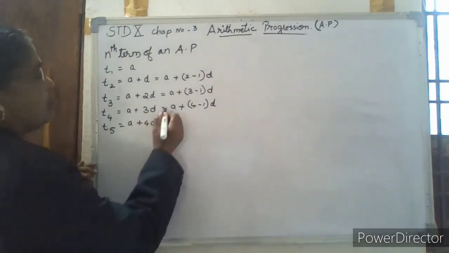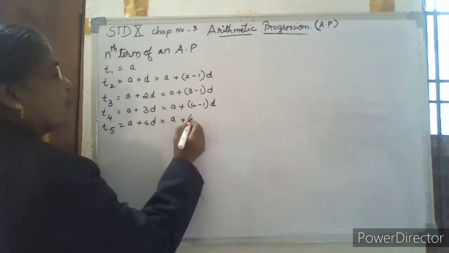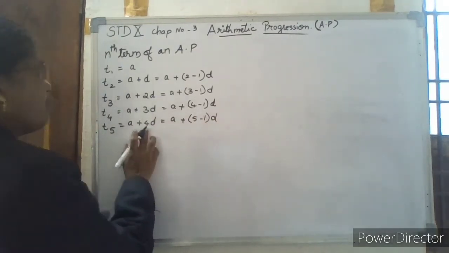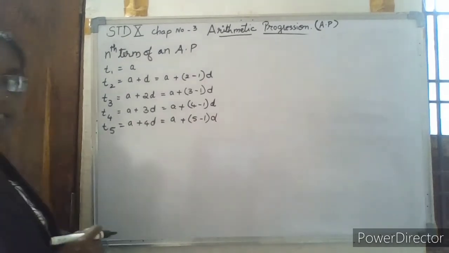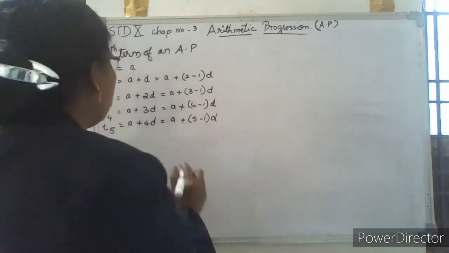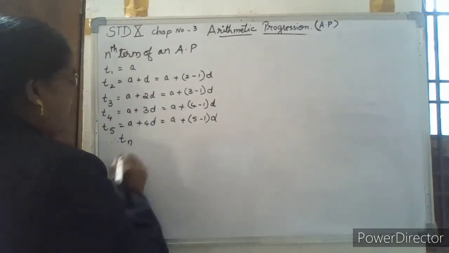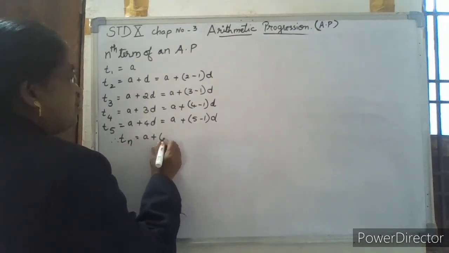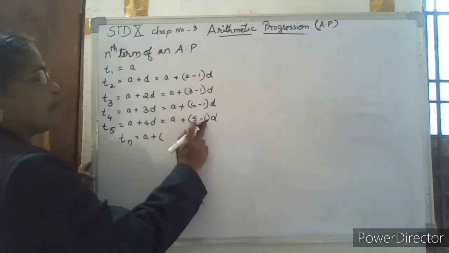That is equal to A plus (5 minus 1) into D. 5 minus 1 is equal to 4. So ultimately we can say that the nth term is A plus, in the bracket, see, for the fifth term it is 5 minus 1.